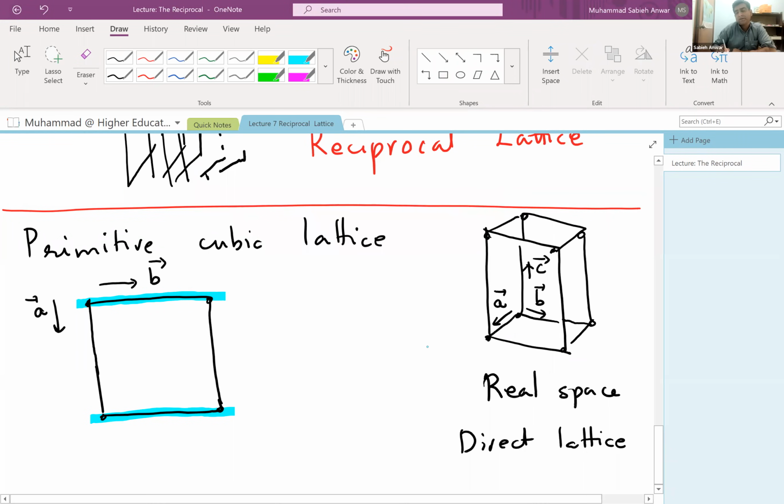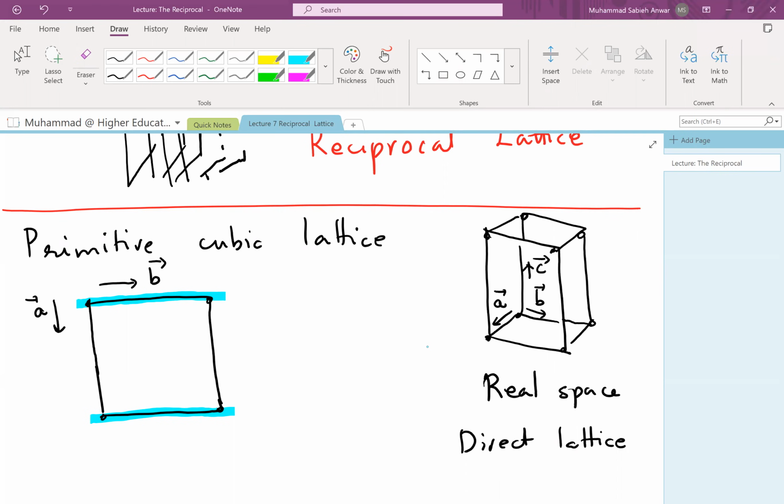What are the Miller indices of this plane? Hey guys, Miller indices, please. Anyone? 010. Incorrect.